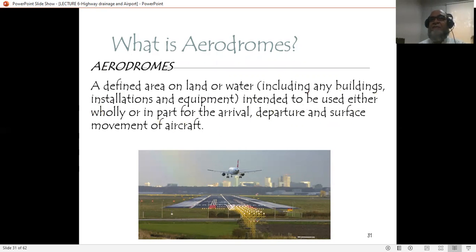An aircraft can land on water, but obviously we need a special type of aircraft, and that is not a commercial aircraft; it's just a personal aircraft that can land on water. You cannot take the risk of landing your whole aircraft on water, especially a commercial flight, because there are many people who fly.